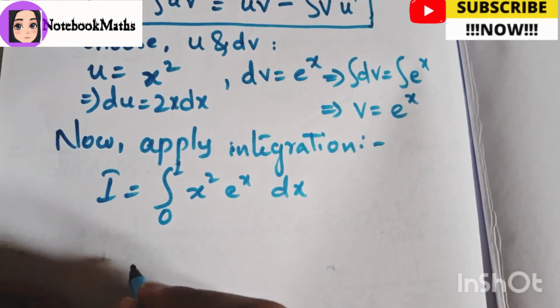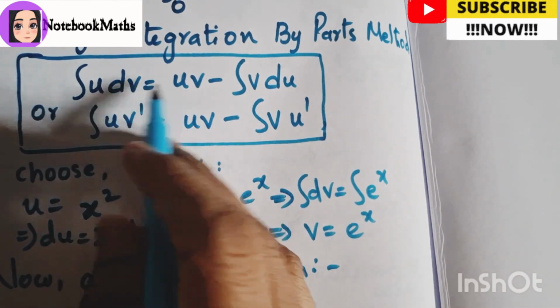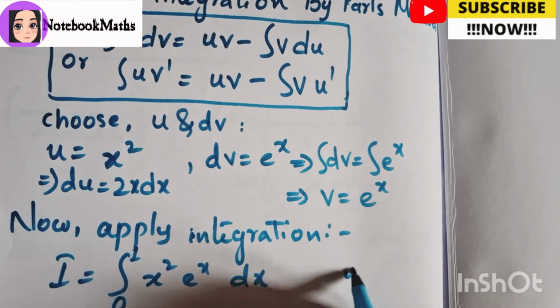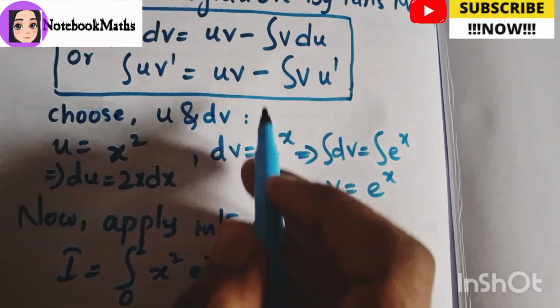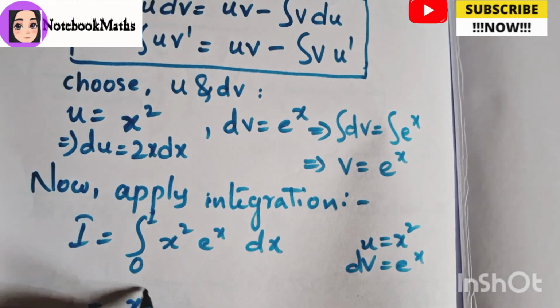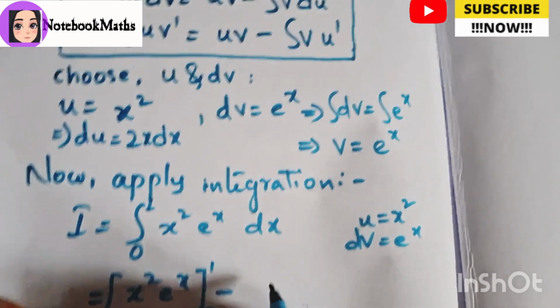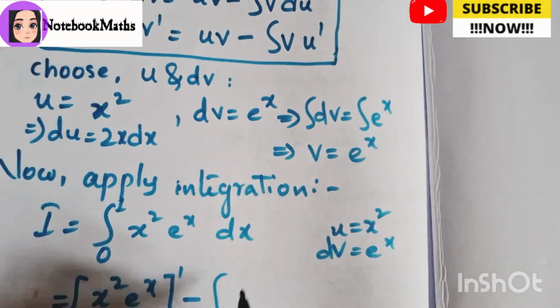Integration by parts means I am going to use this formula u dv. u is x square, dv is e power x. Then uv is x square e power x, limits are 0 to 1, minus integration of v du. v is what? e power x.